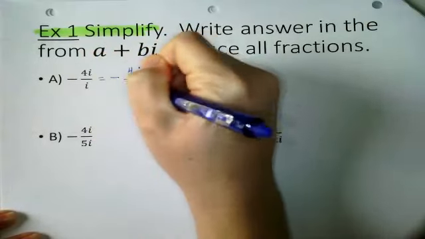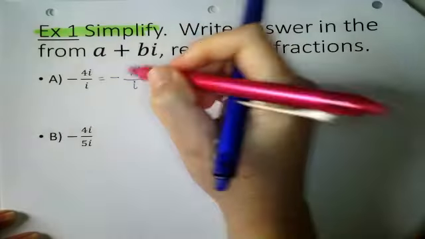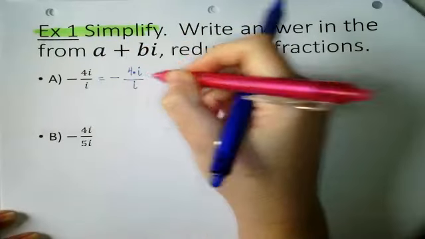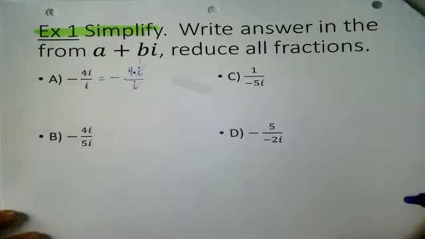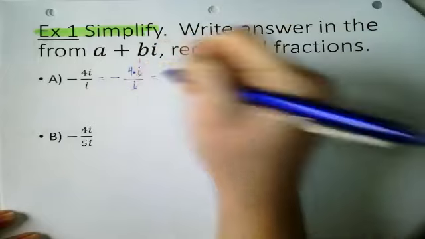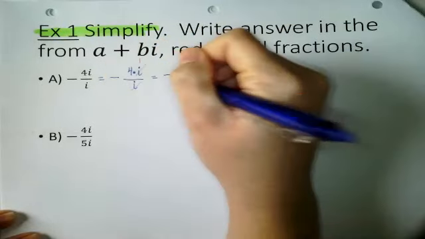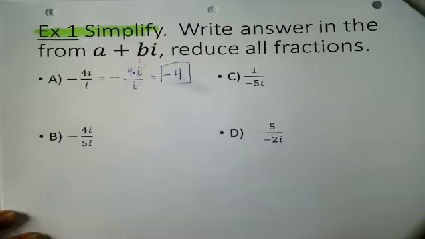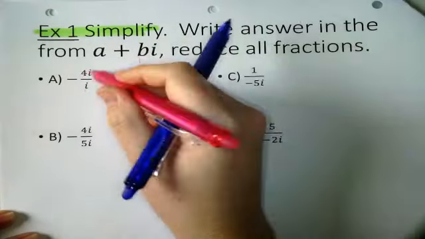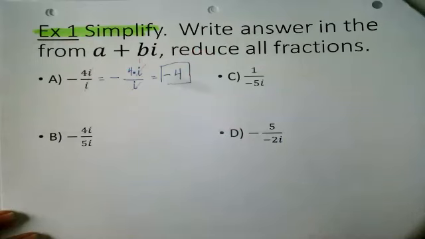So it is a product, and that's really important. Since it's a product, 4 times i, the i divided by i reduces to a 1. And so we're left with a negative out in front, and 4 times 1 is 4. So this is a nice reduction there. Those i's cross out perfectly.